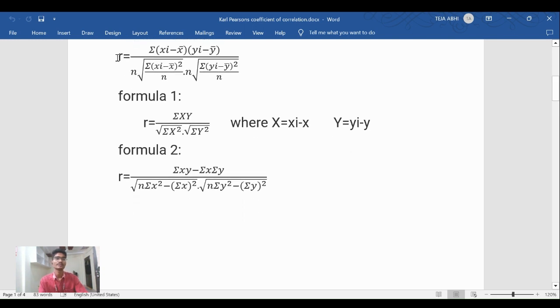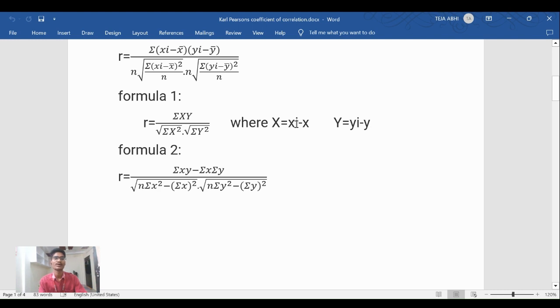Using this formula, we derive formulas based on the requirement. The first one is r is equal to the summation of capital X into capital Y by the root of the summation of X square into the root of the summation of capital Y square, where capital X is equal to xi minus x bar and capital Y is equal to yi minus y bar.